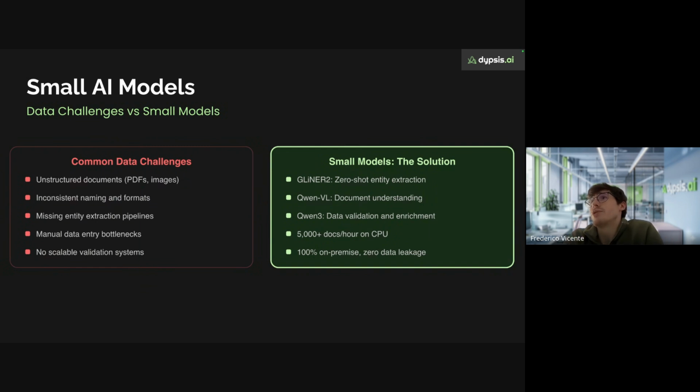Also, another motivation for the usage of these small AI models is that companies generally have a lot of processes and issues when dealing with data.